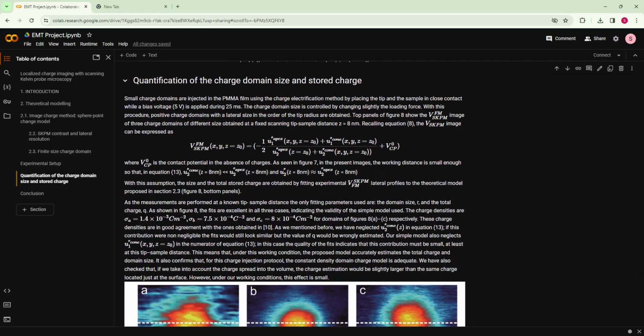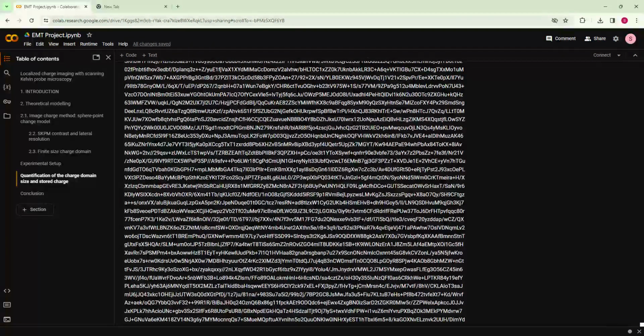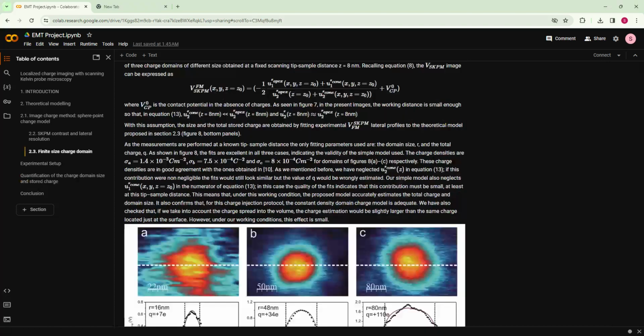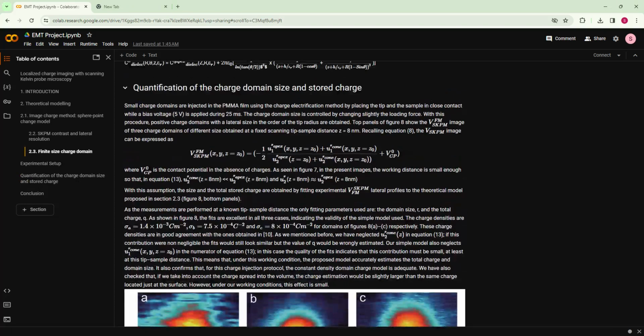As seen in figure 7 before, in the present images the working distance is small enough so that, in equation 13, U2'' cone is much smaller than U2'' apex.